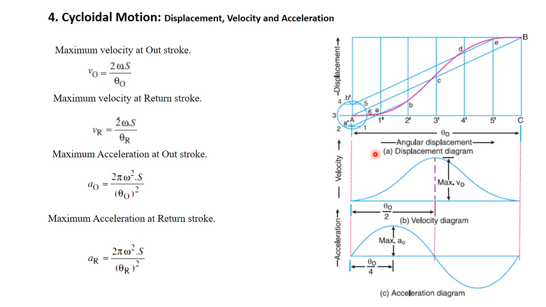Now coming to the velocity diagram, the maximum velocity of the curve remains the same as in the case of the previous type of motion, that is uniform acceleration and retardation. So the formula is the same. It doesn't imply that the motion is the same.